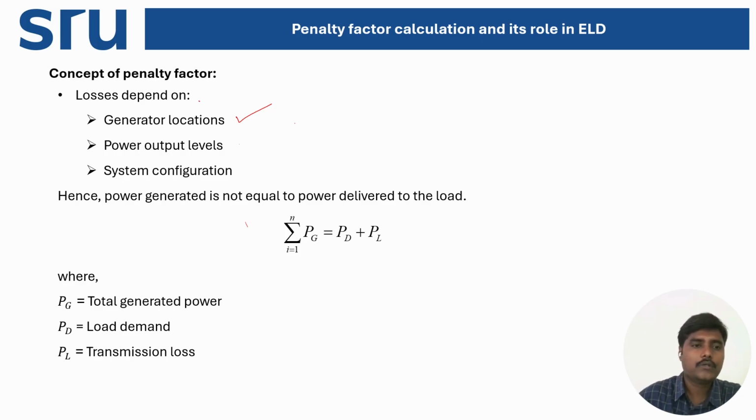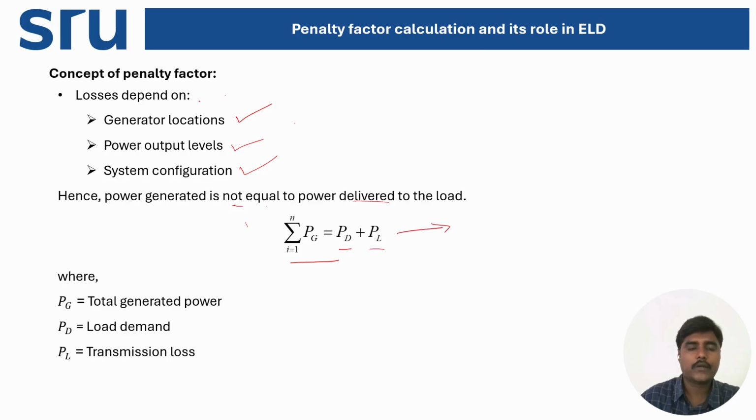The loss also depends on the power output levels of generators and the system configuration. So the total power generated may not be equal to the power delivered to the load because of these transmission losses. So we can express that the total power generation is equal to total power demand plus total power transmission losses.